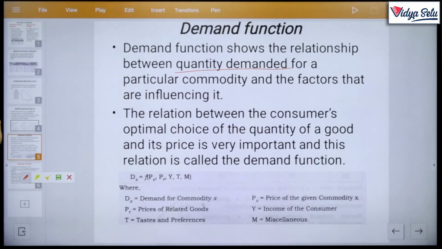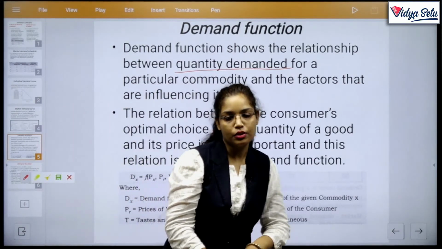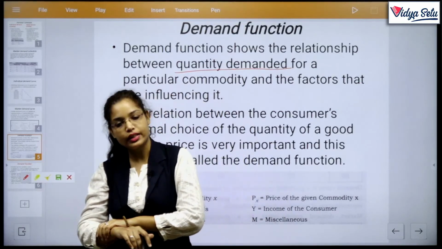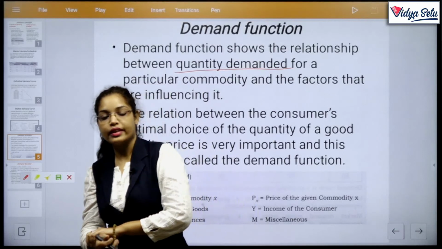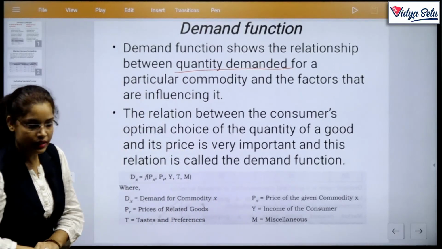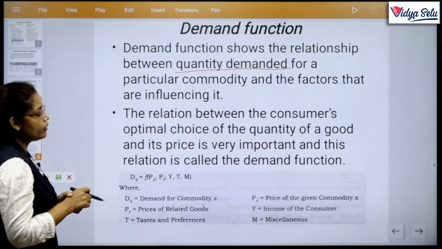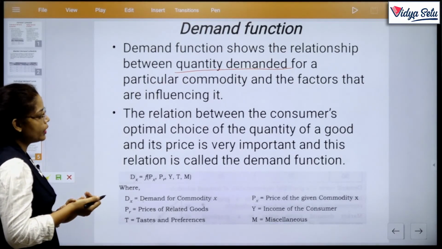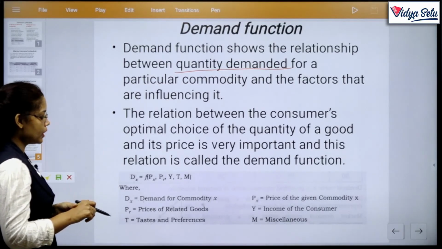What are the factors? We just discussed in our first class: price of commodity, price of related commodity, income, taste, fashion, weather, population, etc. So these are the factors affecting the demand. The relationship between the consumer's optimal choice of the quantity of a good and its price is very important, and this relation is called the demand function.